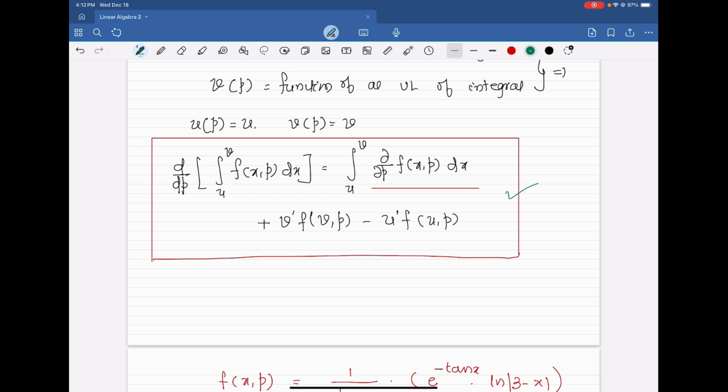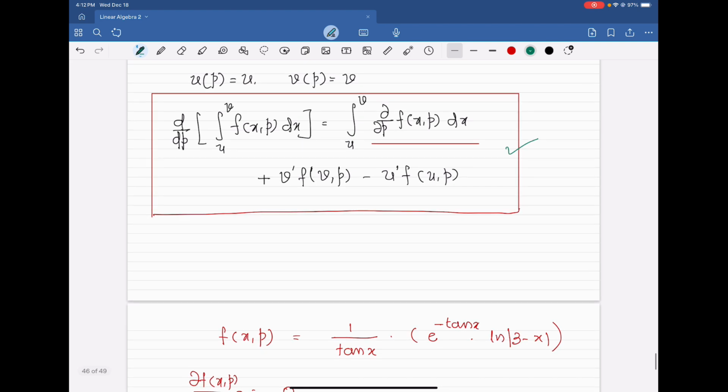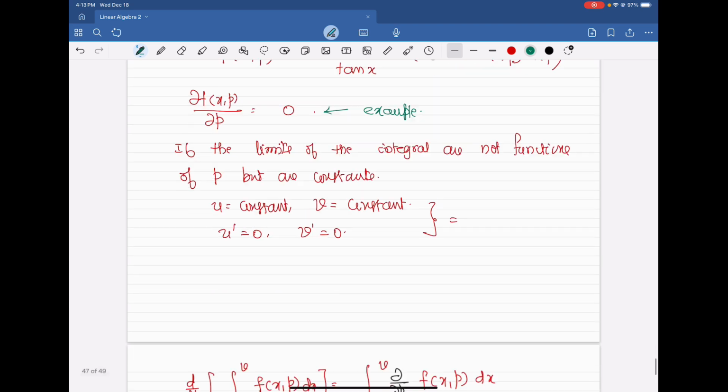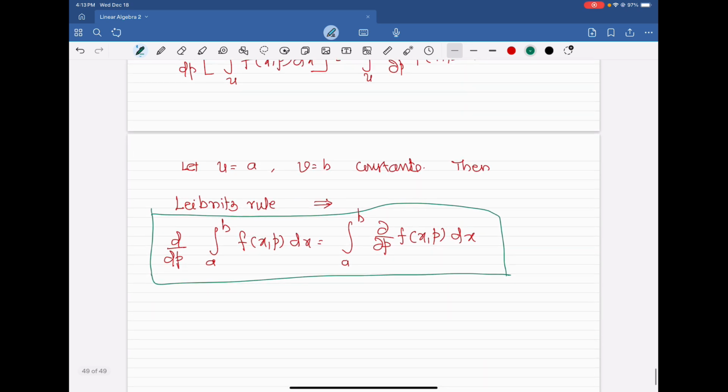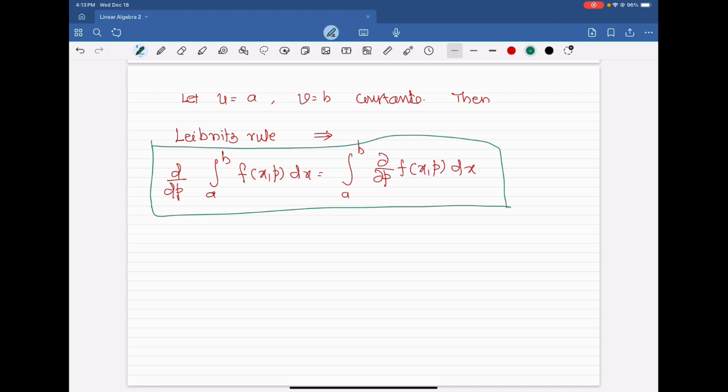Until and unless dou by dou p of function xp is 0. In the example which I have given here, dou by dou p of function xp is equal to 0. It's an example only, it's not always 0. Please try to find out the condition under which the question is asked.